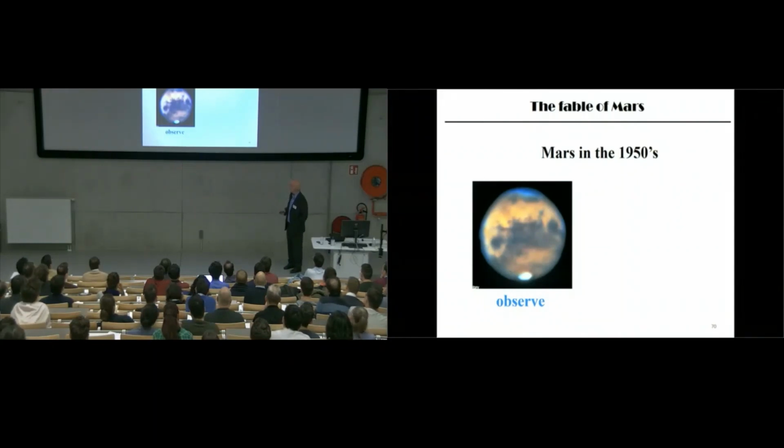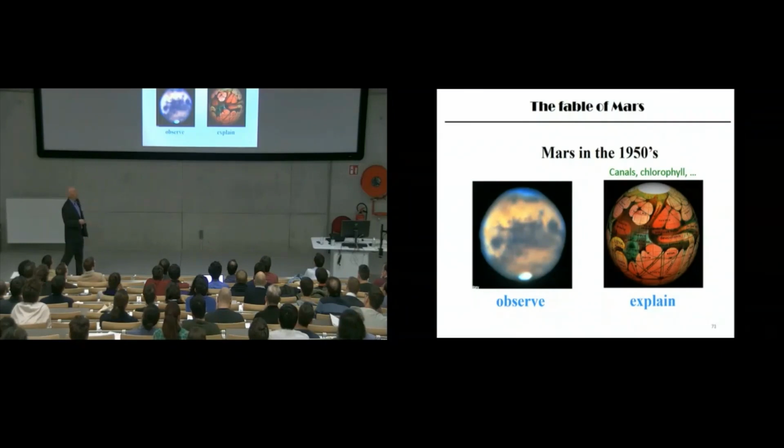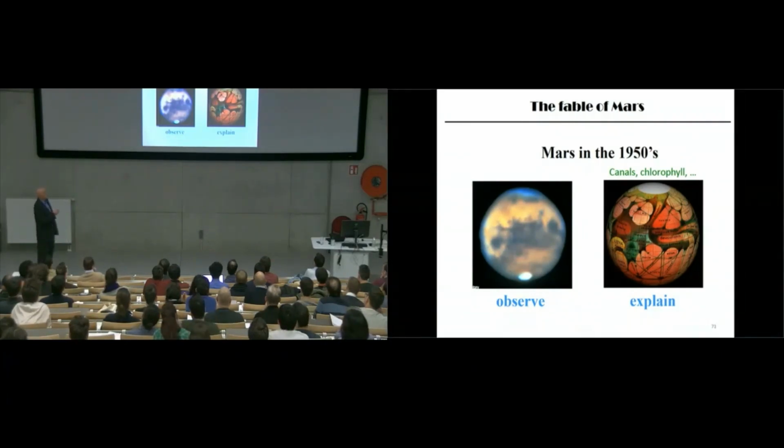They knew this, and they knew it changed with seasons. Then they made theory for that, and it was the best theory that people could make at the time. Remember this: observe, explain. This is the scientific cycle going on.